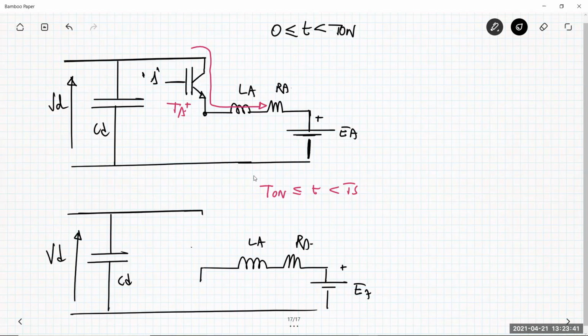It is the bottom transistor that is on. The upper transistor is open. Remember that the current is always positive, so the current flows in this direction. But this current cannot be conducted by the transistor.